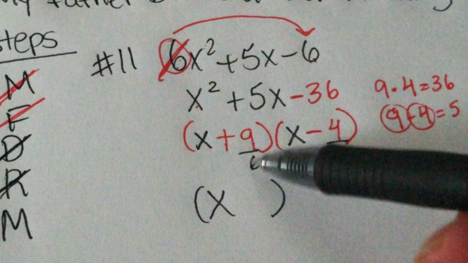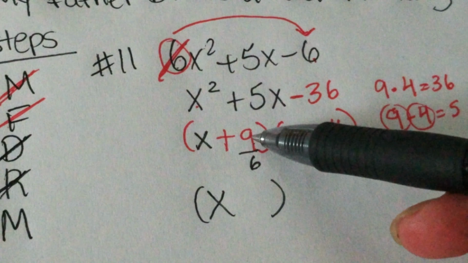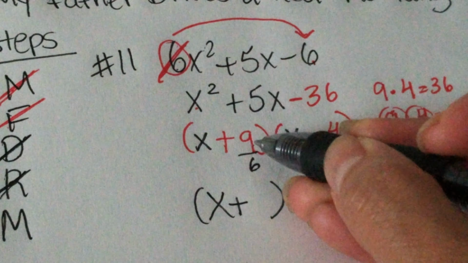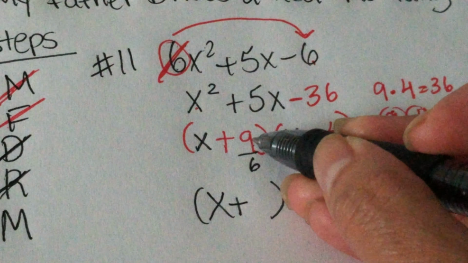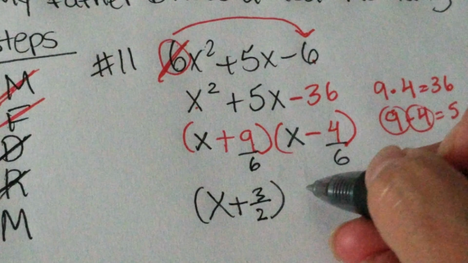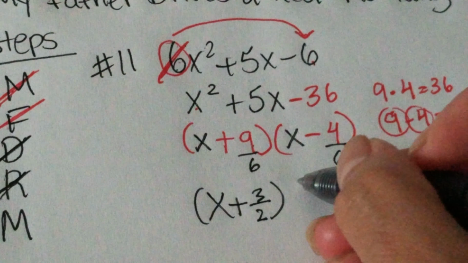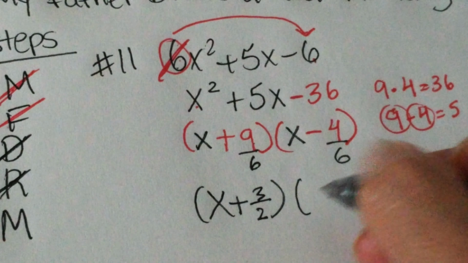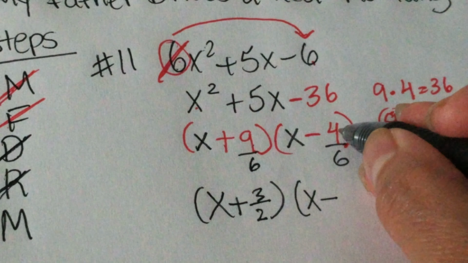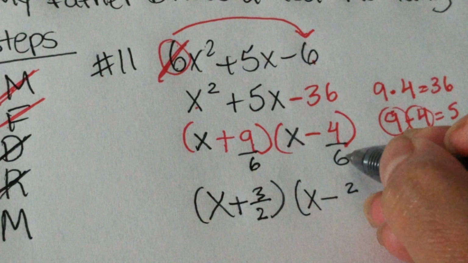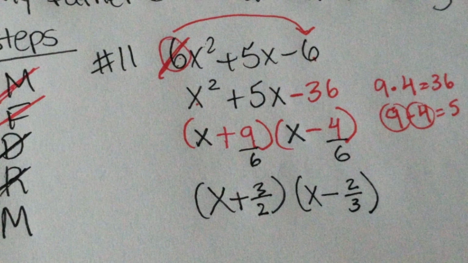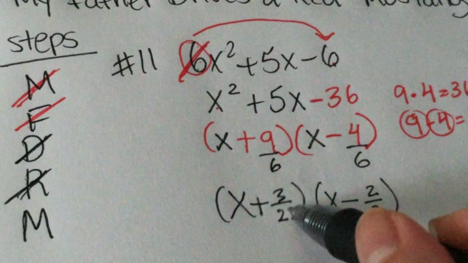The number that divides 9 and 6 will be 3, right? 9 divided by 3 is 3 and 6 divided by 3 is 2. Same here, we can simplify this. One number divides 4 and 6, and that is 2, because 4 divided by 2 is 2 and 6 divided by 2 is 3. So we simplified the two fractions.